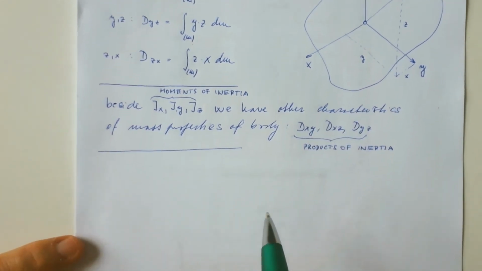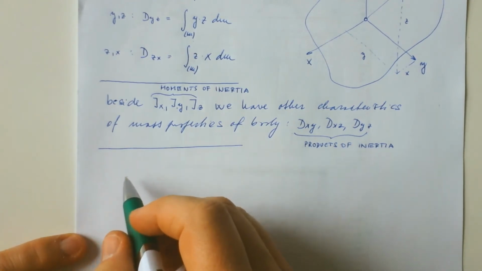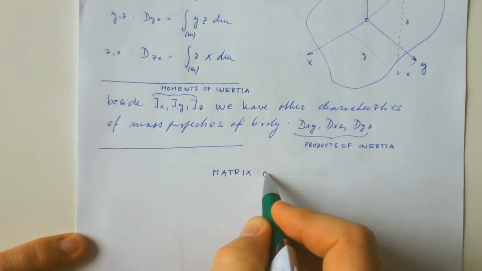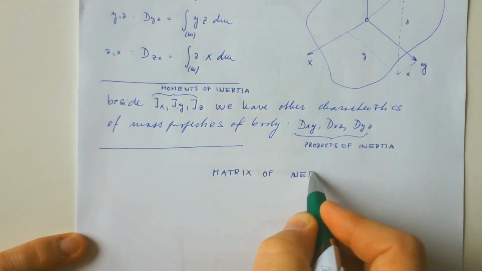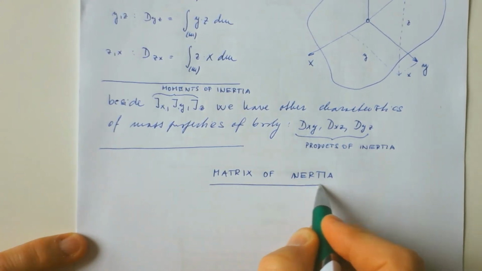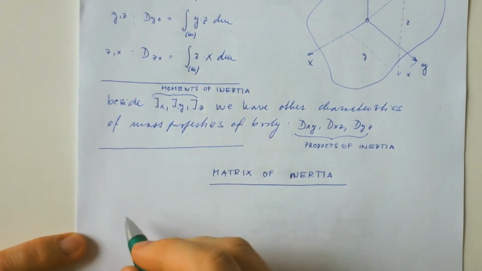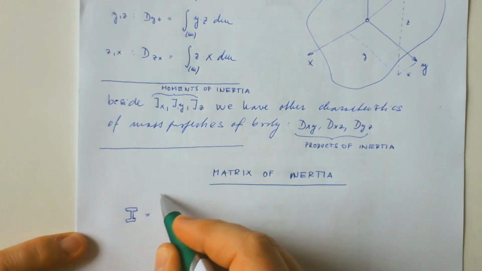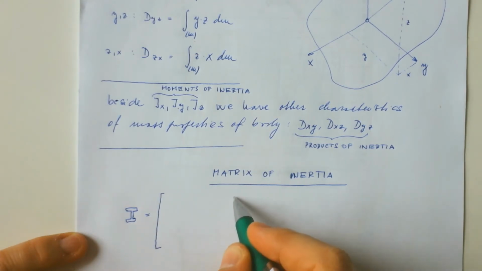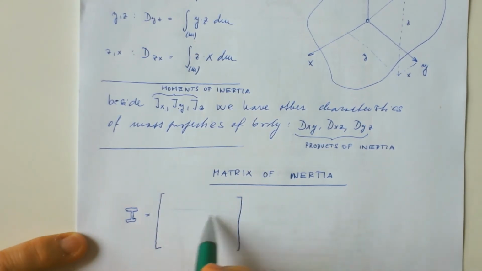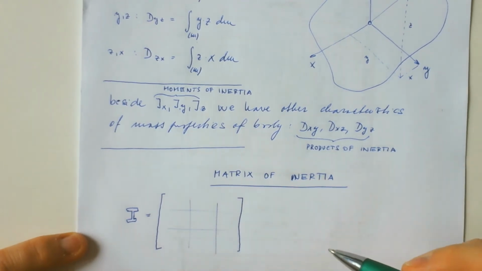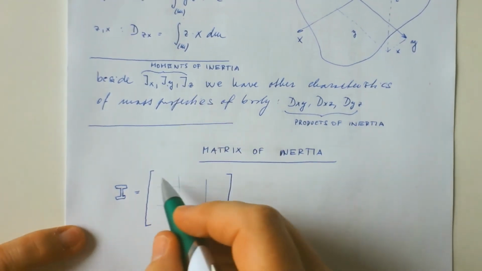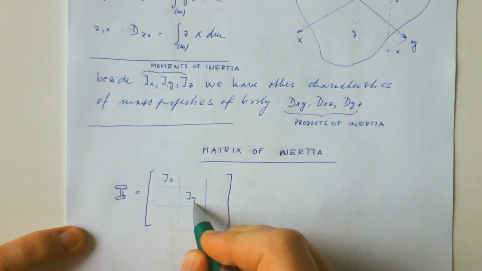and we can write them in so-called matrix of inertia. Usually we denote matrix of inertia as I, and it is a 3 by 3 matrix. On diagonal there are moments of inertia jx, jy, jz.